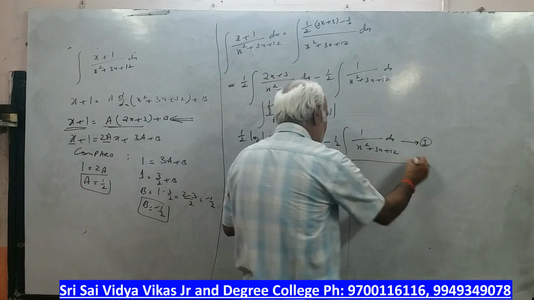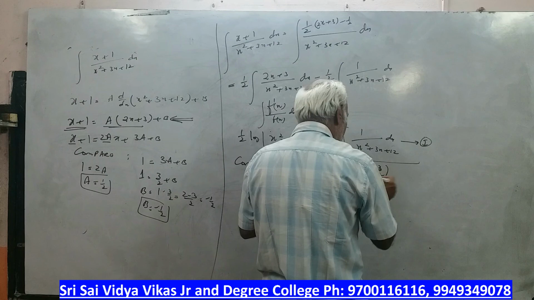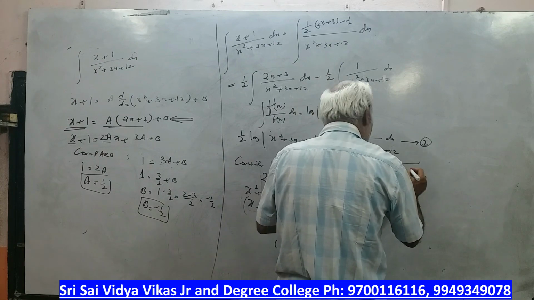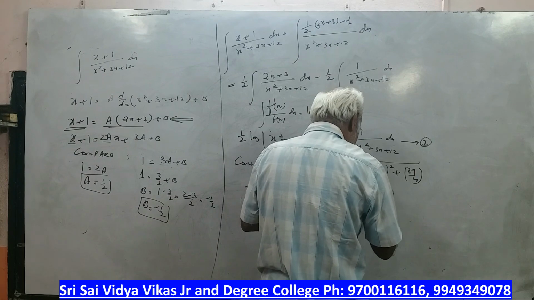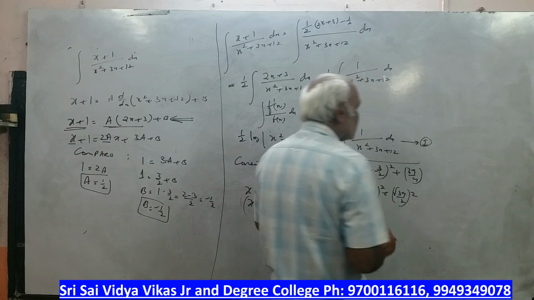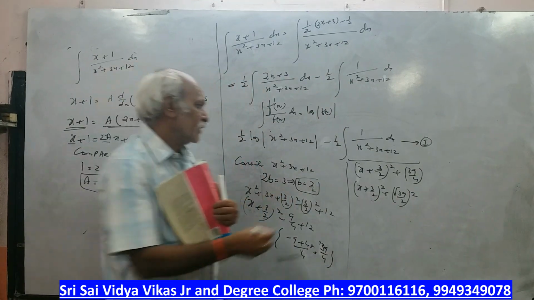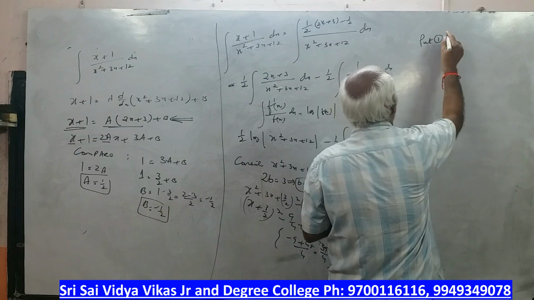Therefore this will become x plus 3 by 2 whole square plus 39 by 4, which is nothing but x plus 3 by 2 whole square plus root 39 by 2 whole square. Okay, I am putting 1.